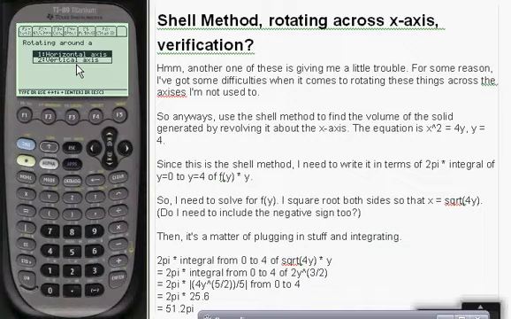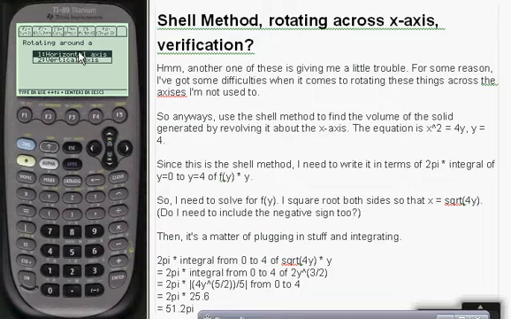Now you'll notice in the shell that the formulas are different. For horizontal you get 2 pi times the integral of p of y times h of y dy. That's for the integral.